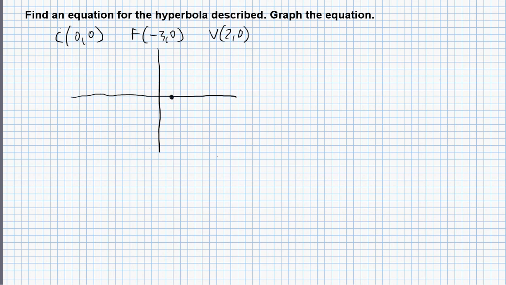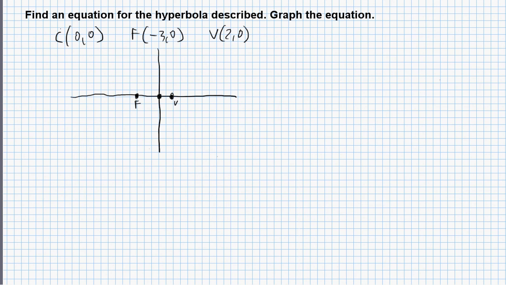There's the vertex at 2, 0, the center at the origin, 0, 0, and at -3, 0, we have one of the focal points.